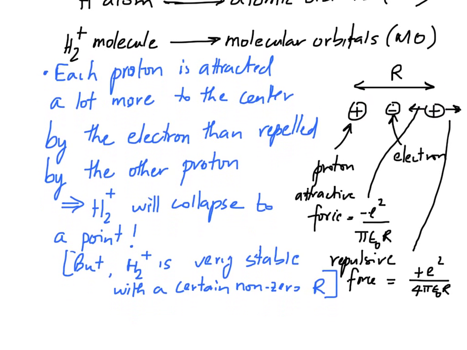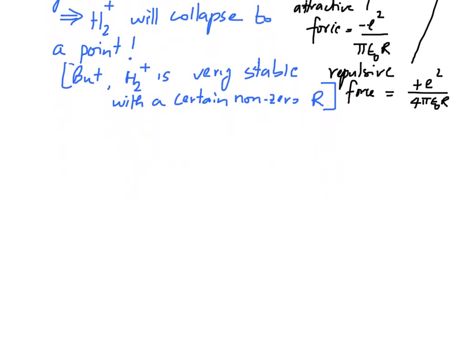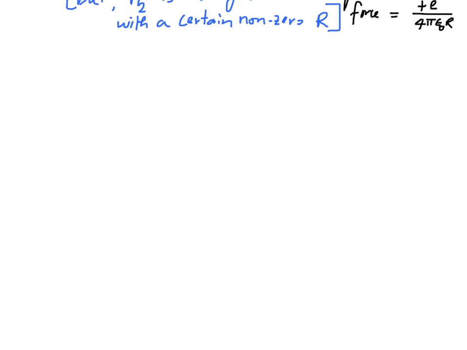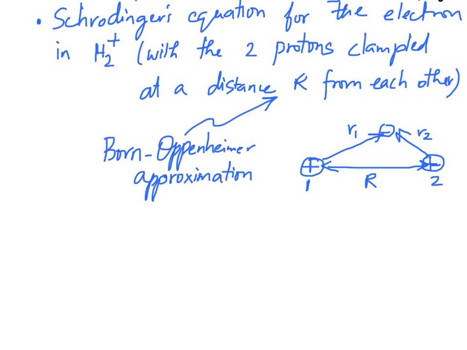In order to get to the molecular orbital, we need to set up the Schrodinger's equation for our H2 plus problem. So here is our modified picture of our H2 plus system. The two protons, proton 1 and proton 2, are at a distance of r with respect to each other, and this is our electron, and it is a distance of r1 from proton 1 and r2 from proton 2.